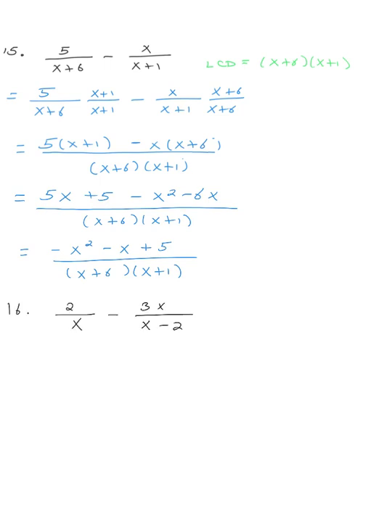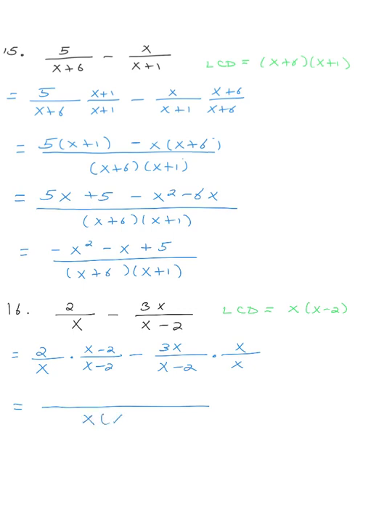All right, still no common factors between my denominators, meaning the least common denominator is x times x minus 2. So therefore, for the first fraction, 2 over x, I'm multiplying it by an x minus 2. I'm subtracting, and for the second fraction, I'm multiplying in x. I have my common denominator, x times x minus 2.